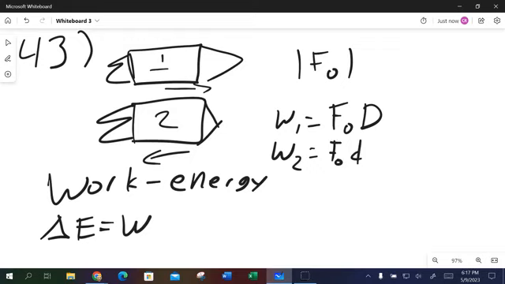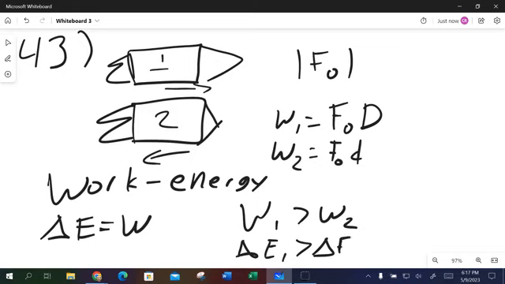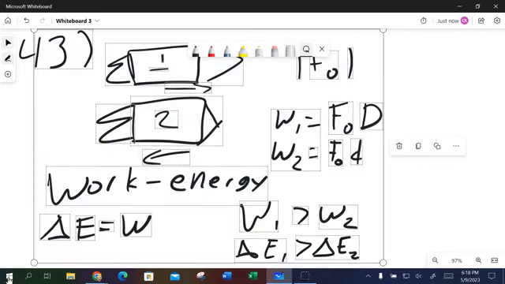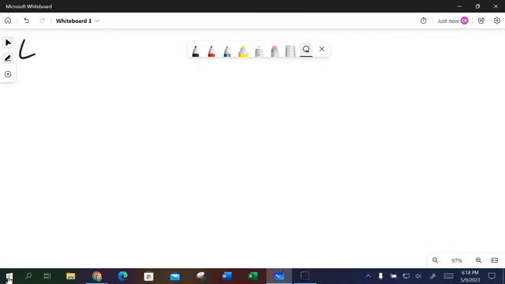So we know work of 1 is greater than work of 2, so change in kinetic energy of 1 is greater than change in kinetic energy of 2. Therefore, our answer is A. Spaceship 1 has a greater change in energy because it travels further.